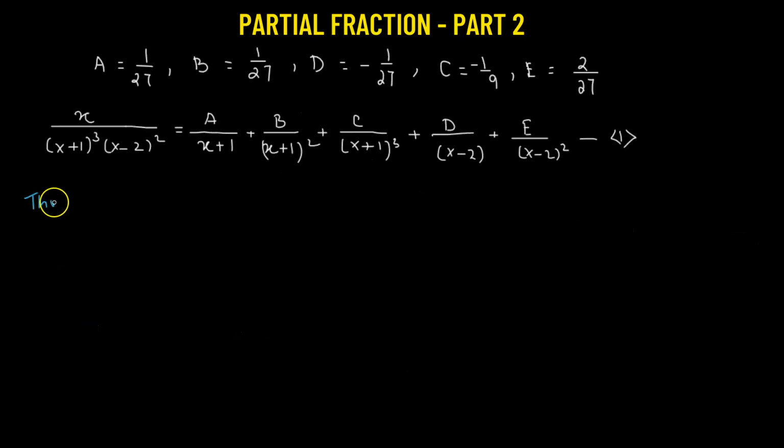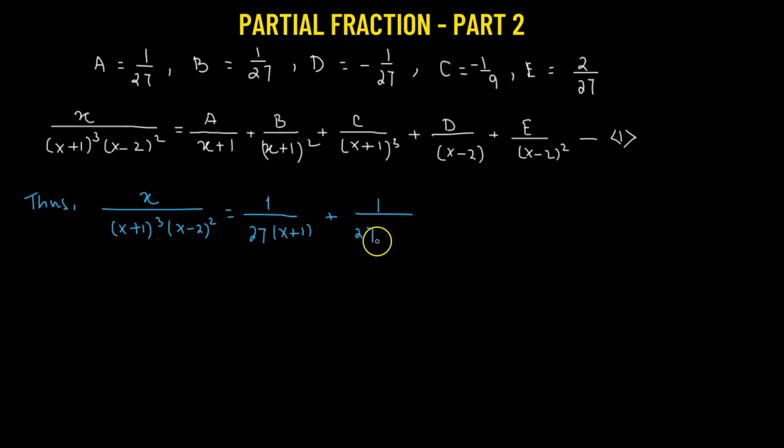Thus, our final rational fraction, x over (x plus 1) whole cube multiplied to (x minus 2) whole square, can be split into 5 rational fractions, with the first partial fraction being 1 over 27 times (x plus 1). The b value is also 1 over 27, so we have 1 over 27 multiplied to (x plus 1) squared.